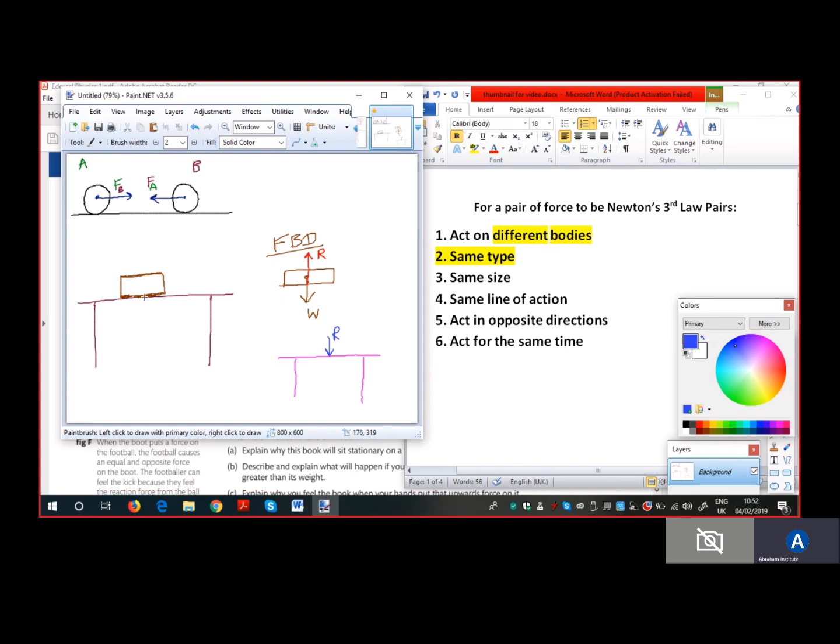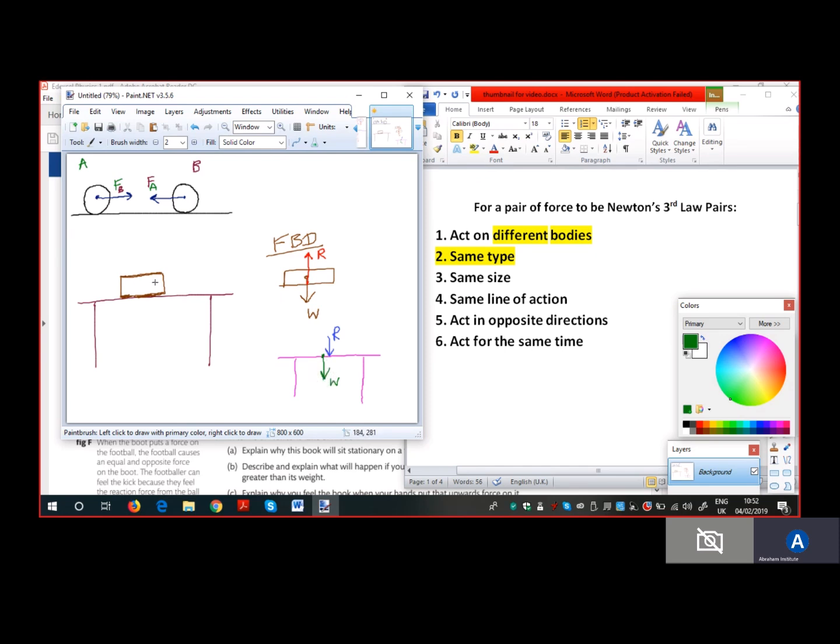If two objects are in contact, one exerts a contact force on the other, and the other exerts a contact force on the first. So both exert contact forces on each other. Then you also have a weight force, which is due to the gravitational field. On the earth, that is due to the earth's gravitational field, so there is a weight force exerted on the table by the earth.